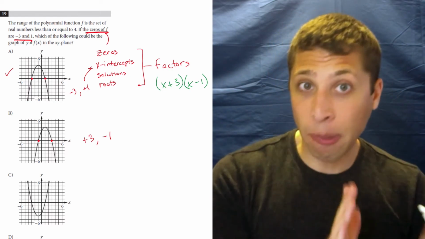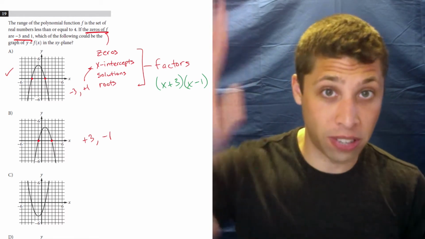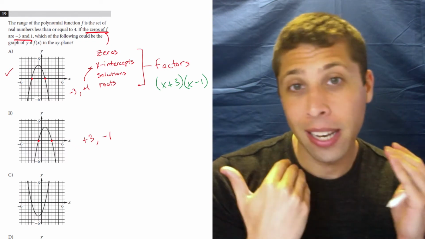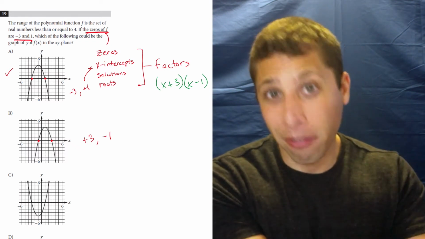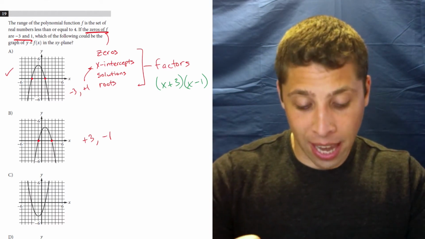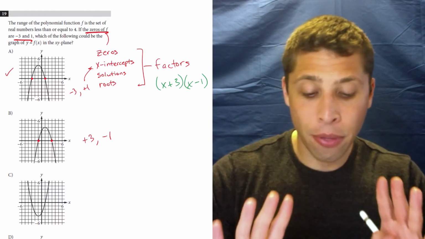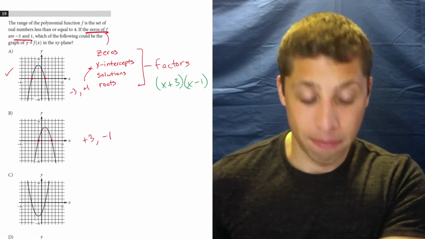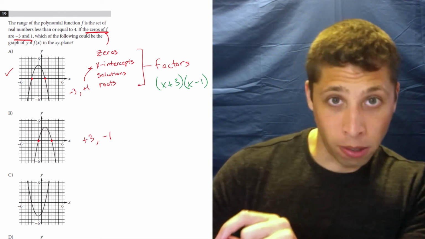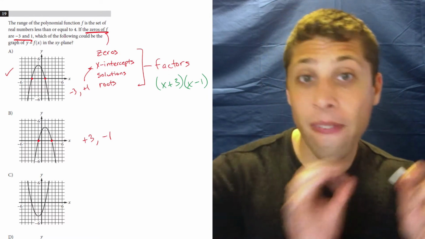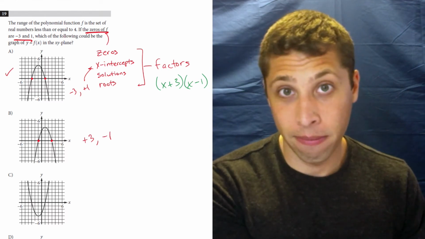So that's why the vocab is important. These 4 words are the same, but then this word factor is related, but kind of different enough. And so let me just put it as clearly as I can. -3 is a 0 of f. Therefore, x plus 3 would be a factor of f.